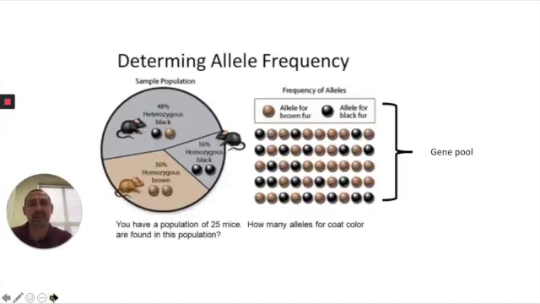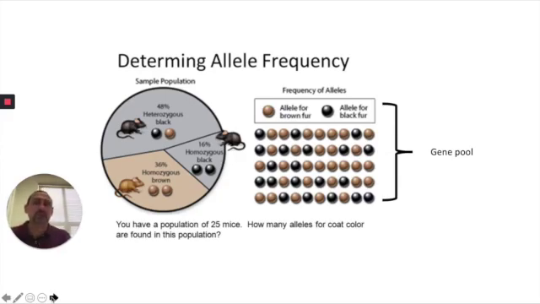But to understand, we need to understand a little bit about allele frequency and some things about genetics. First, an allele is either of two forms of a gene for a trait. So in this case, we have an allele for fur color. The fur color could be black or the fur color could be brown.